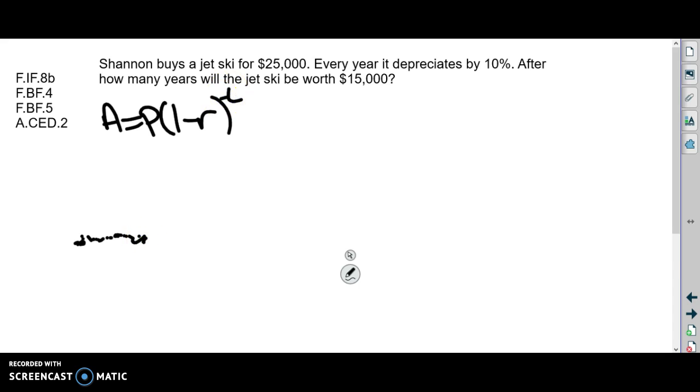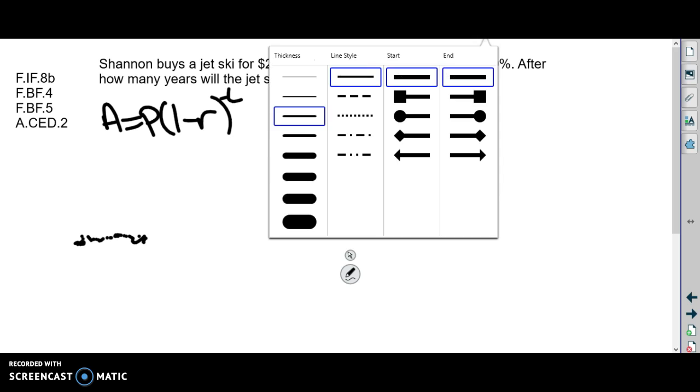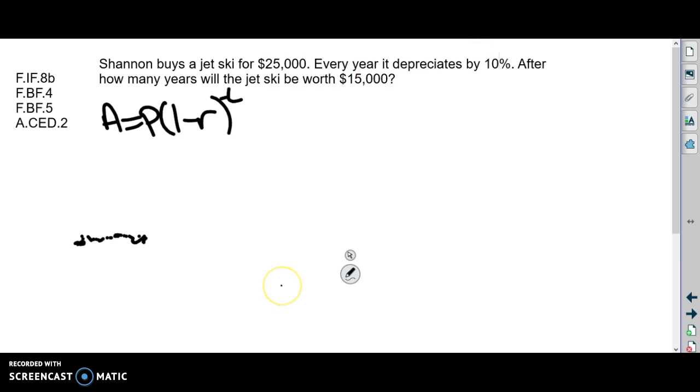Now we are going to substitute in. We are trying to find when it will be 15,000.